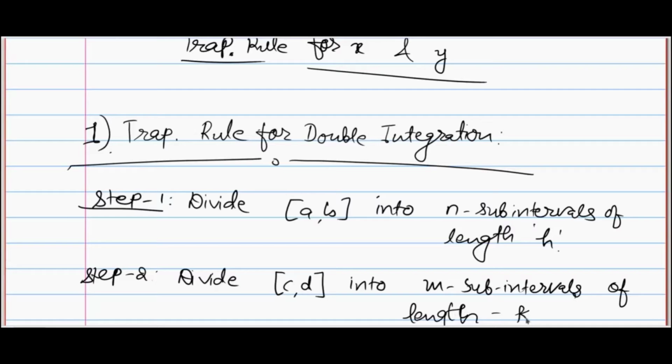So we have divided the whole rectangular region into m and n subintervals with lengths h and k. These are steps number 1 and 2. Let's move further.